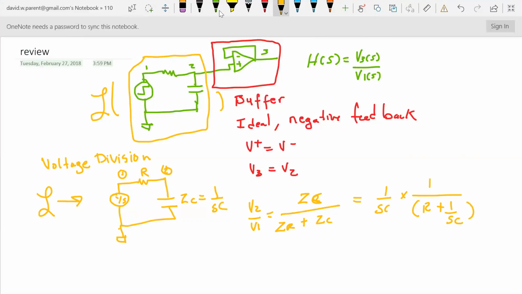What we need to do is get this into a proper polynomial format, okay? Well, this is mathematically true. It's kind of hard to do a Bode plot from it.